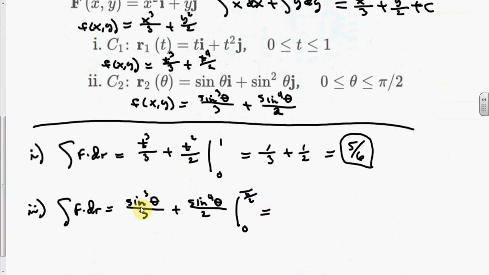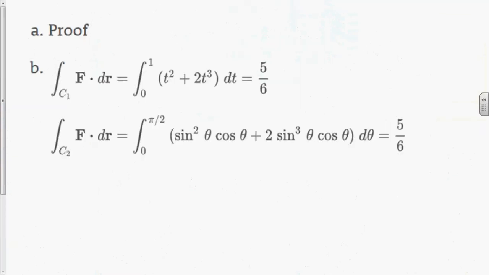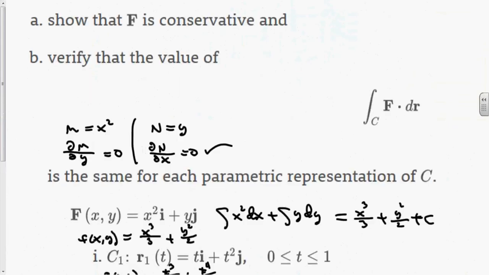So sine of pi over 2 is 1, so this is 1/3 plus 1/2, 5 over 6. Right? Okay.